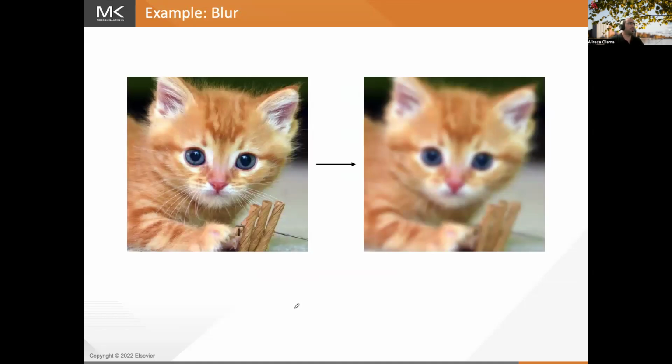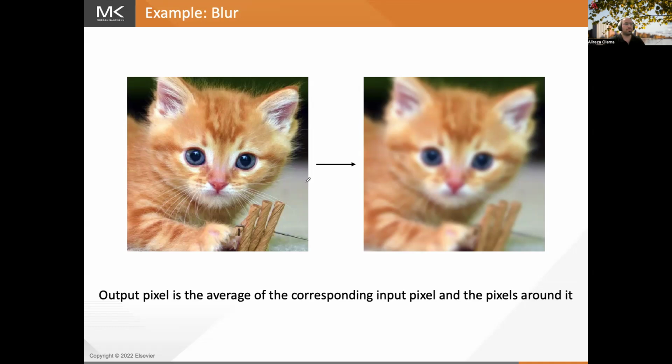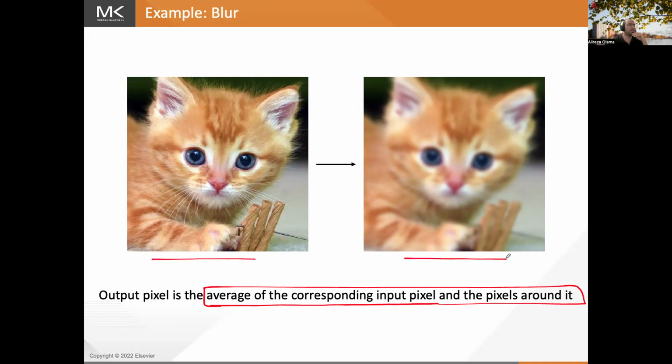In image blurring, we want to keep the main features of our image, but make it blurry. Basically, how we can do that is we just need to compute the average of the corresponding input pixel and the pixels around it, right? This is one of the ways that you can make an image blurred. As we can see, this is the original image and this is the blurred version.